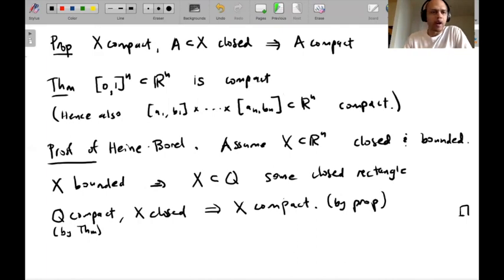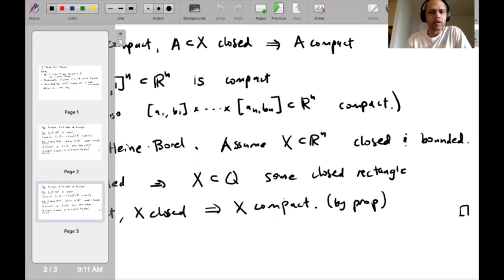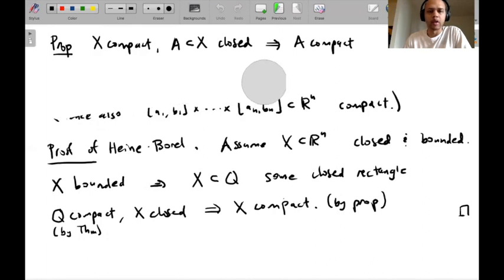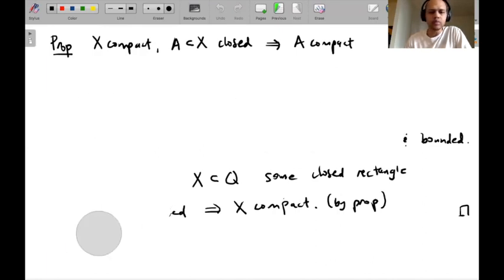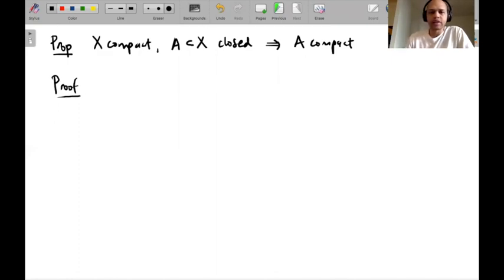Okay, so let's start with the proposition. The proposition is relatively quick. The theorem will take a little bit more time to explain. Right, so we need to show that A is compact.